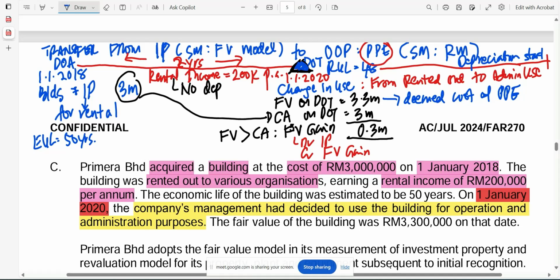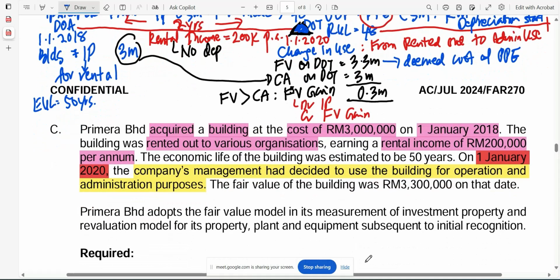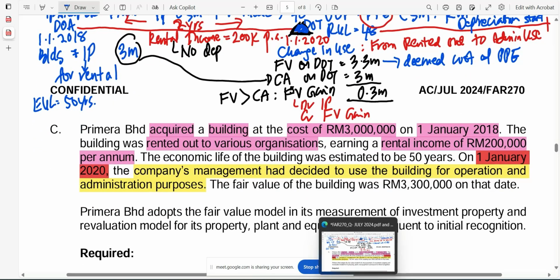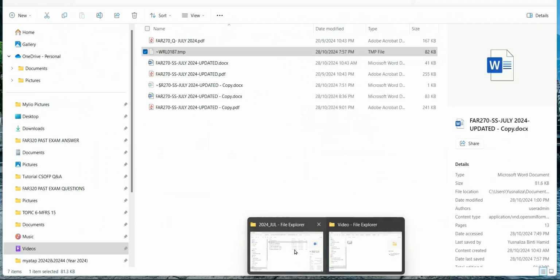It will be treated according to the revaluation model, because the difference between carrying value and fair value for items of PPE under the revaluation model is treated as revaluation surplus or revaluation deficit. But here there is no issue. Starting from 1st of January 2020, you will have to consider depreciation. So you are asked to explain the accounting treatment. Let us look at the accounting treatment.